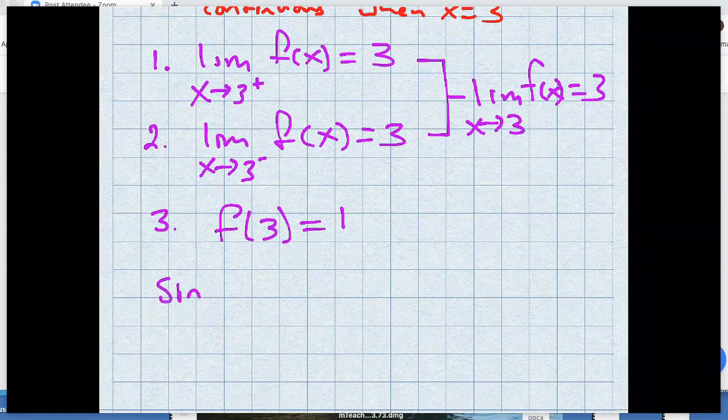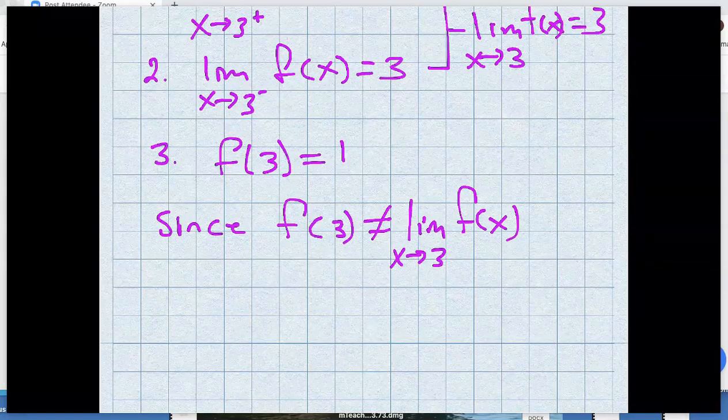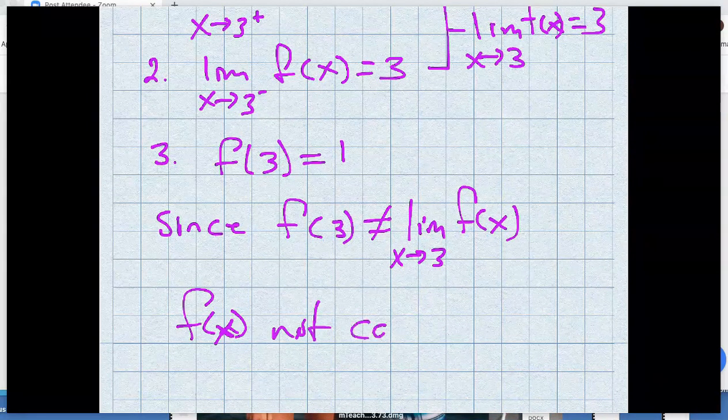And I say, since f of 3 is not equal to the limit as x goes towards 3 of f of x, f of x is not continuous at x equals 3.